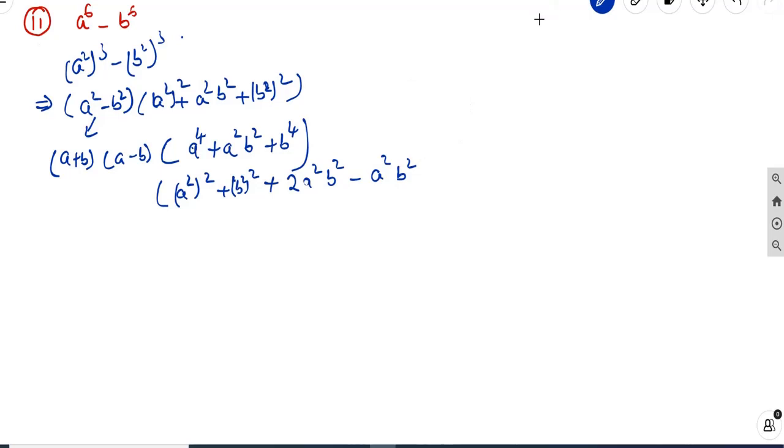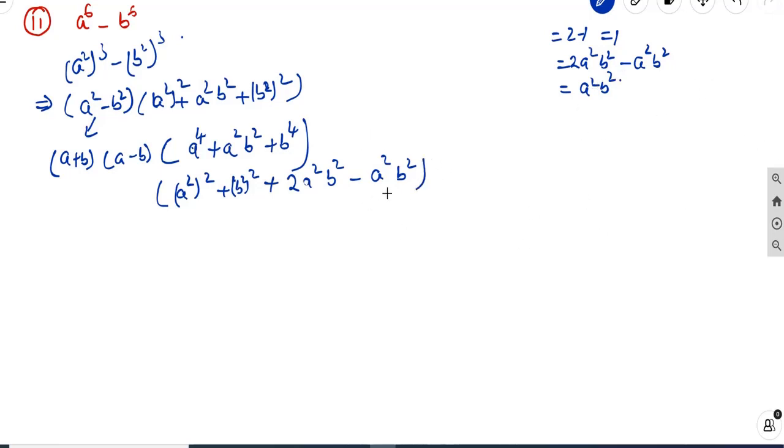See, that is how I have written it. So 2 minus 1 is nothing but 1. So 2 minus 1, how much are you going to get? You are going to get 1 only. So it is nothing but a square and b square. So I can write it down like this.